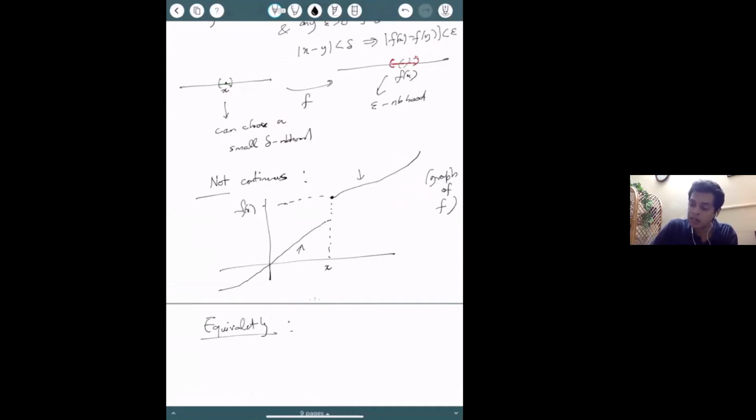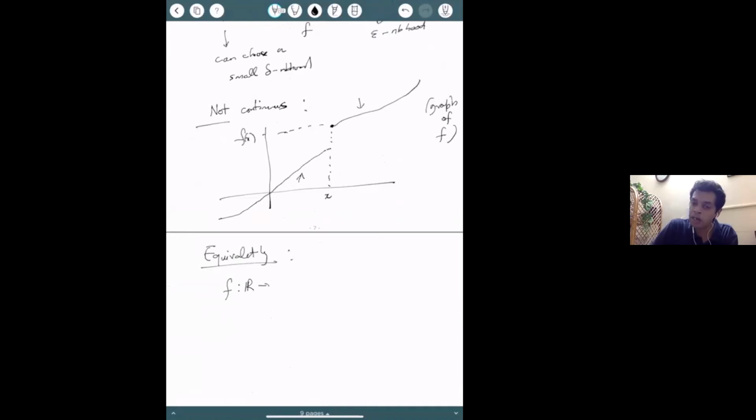So I can say that f from R to R is continuous if the pre-image of any open interval is an open interval. Okay, or I should really say it's an open set.